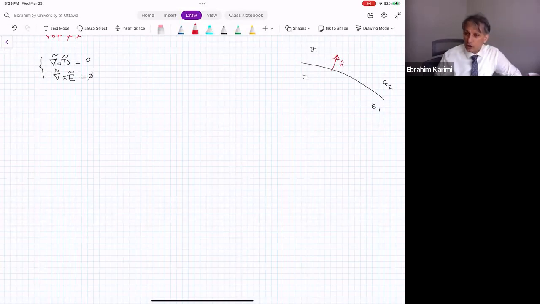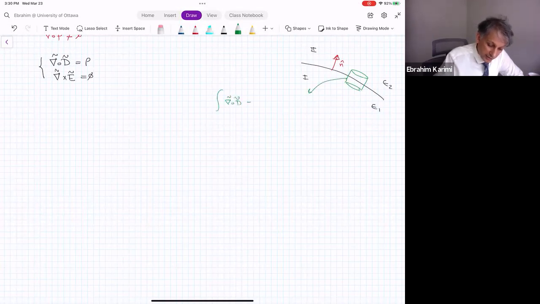Then I can use Gauss's law, assuming that I have a small cylinder here. Writing Gauss's law, the integral of divergence of D d3x is equal to the integral of rho d3x.